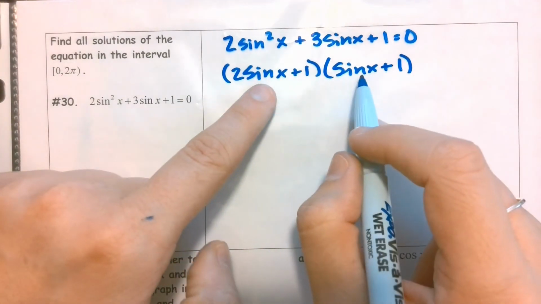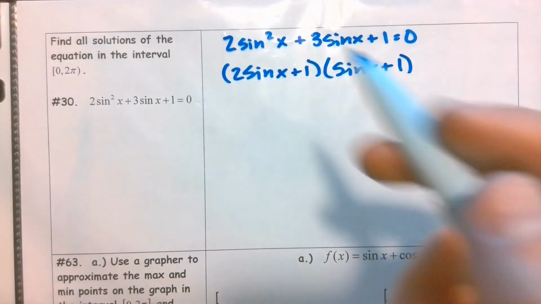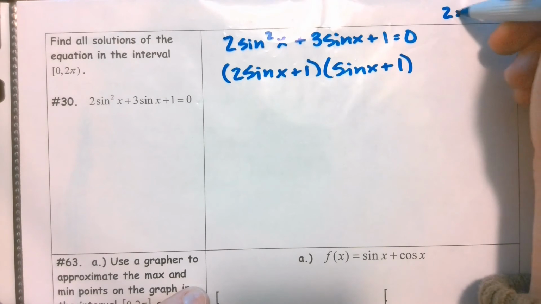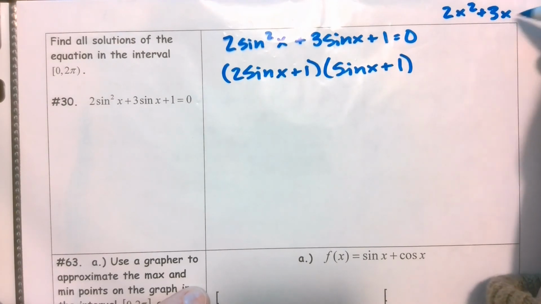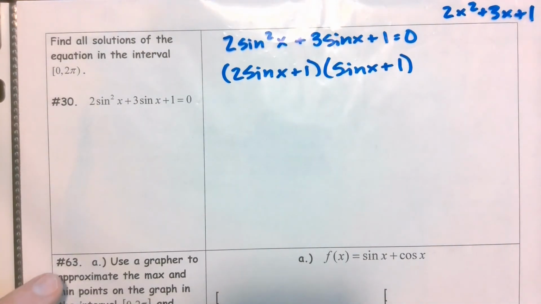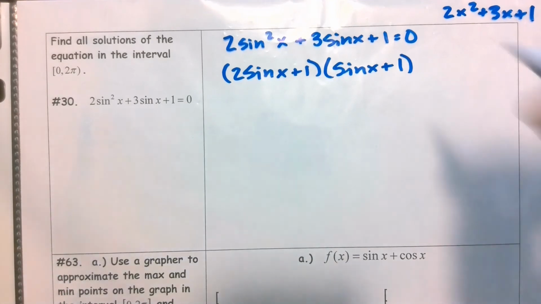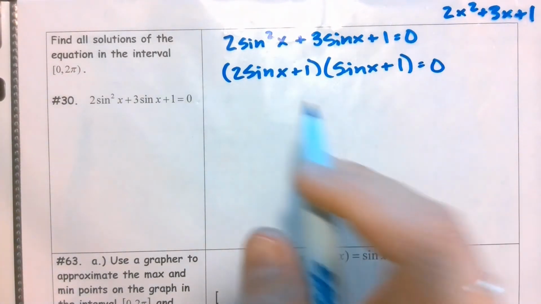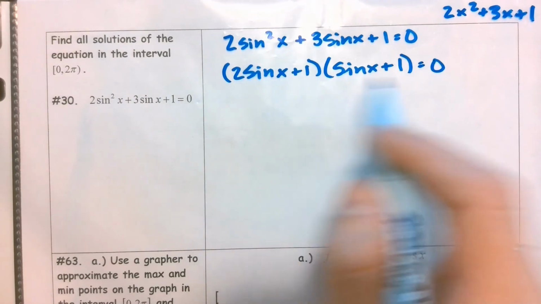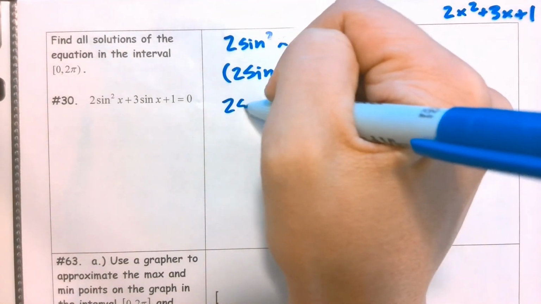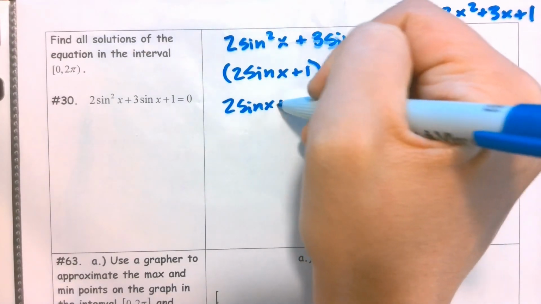Remember, even though it has that trig function in it, this is really no different than factoring 2x squared plus 3x plus 1. So if you want to pretend that the sine x's are just x's, it works the same way. Now that we've got our two factors, we're just going to be setting each one of them equal to 0 and solving.